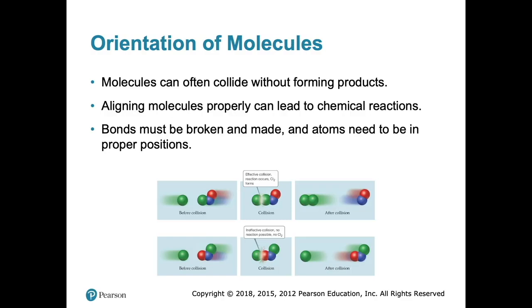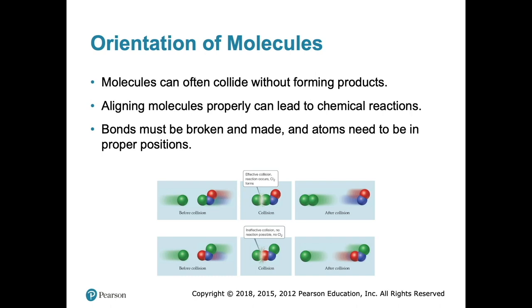But the problem is that if you had a collision where the chlorine molecule is not faced so that the chlorine atom collides with it, then this chlorine atom will just collide with, let's say, usually red is oxygen, right? So it collides with this oxygen, and it just bounces off, and there's no reaction at all, right? So the more collisions there are, the more likely that you have the molecules in the right orientation.